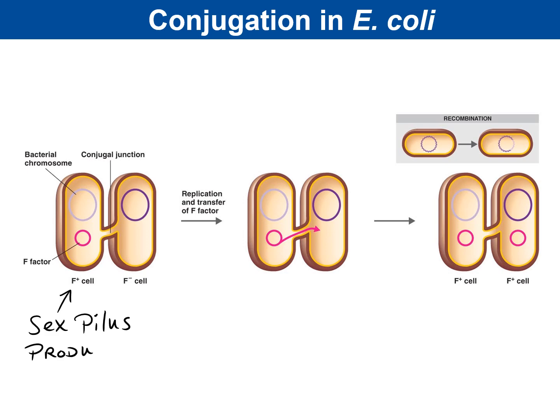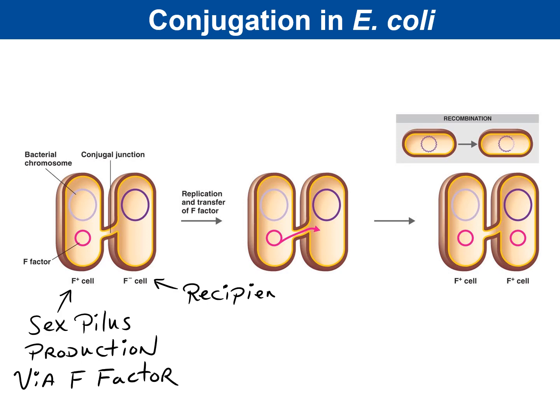And so the F factor can be copied over from the donor to the recipient. That's referred to as F minus because initially it lacks the F factor.